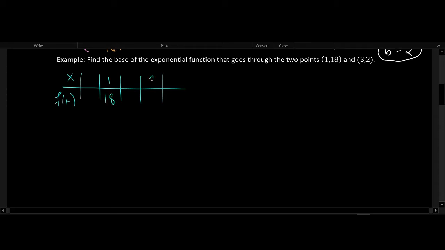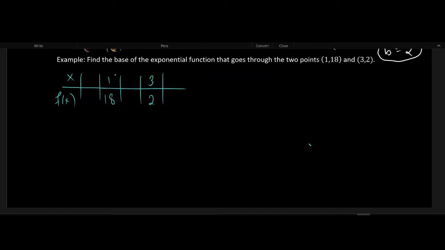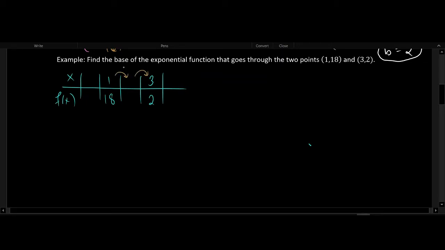And when x is 3, y is equal to 2. So in total, x is increased 2 times, plus 1 again, to go from 1 to 3. Which means that the y value must have been multiplied by b 2 times.